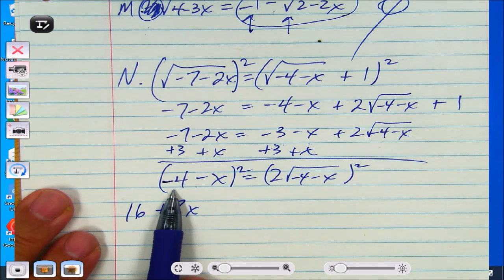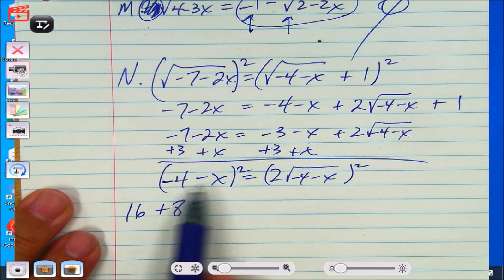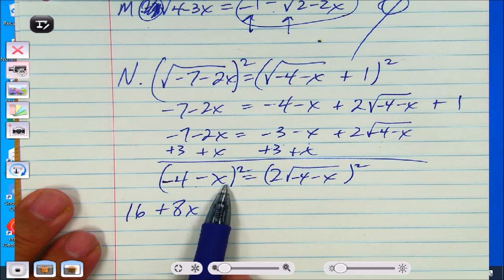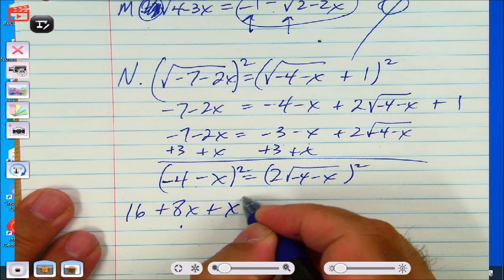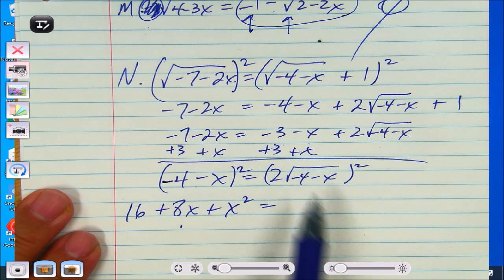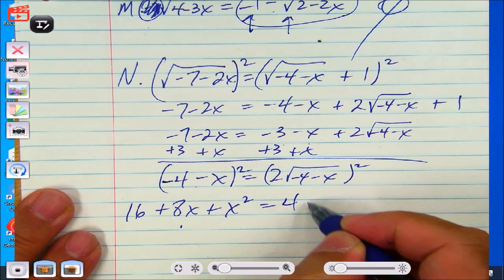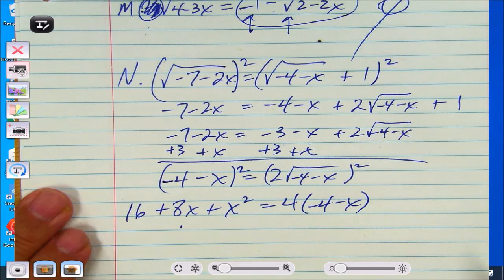Remember, it's negative 4 times negative x and double it. Negative 4 times negative x is positive 4x. Double it makes it 8x. Plus x squared equals, there is no plus or minus sign between the 2 and the square root, so I can just square the 4 and get rid of the square root sign.